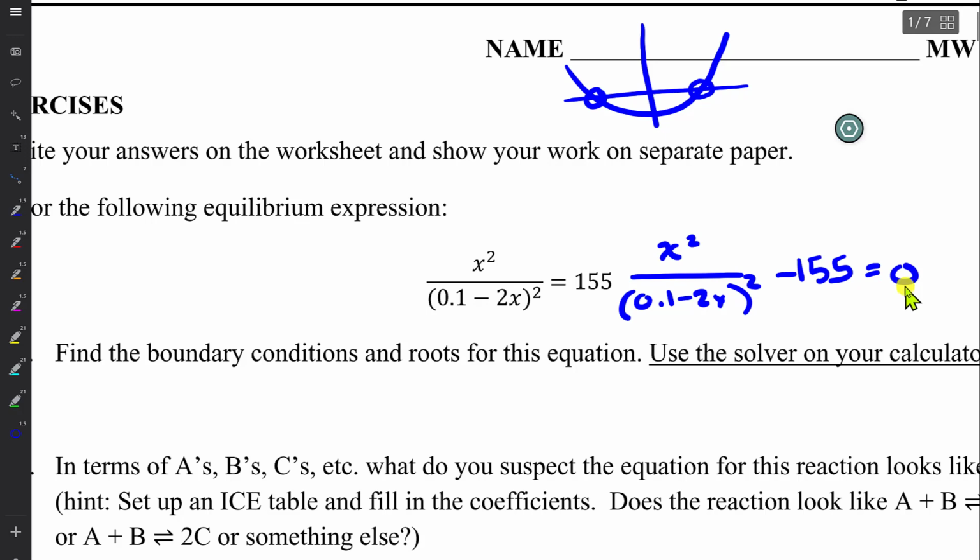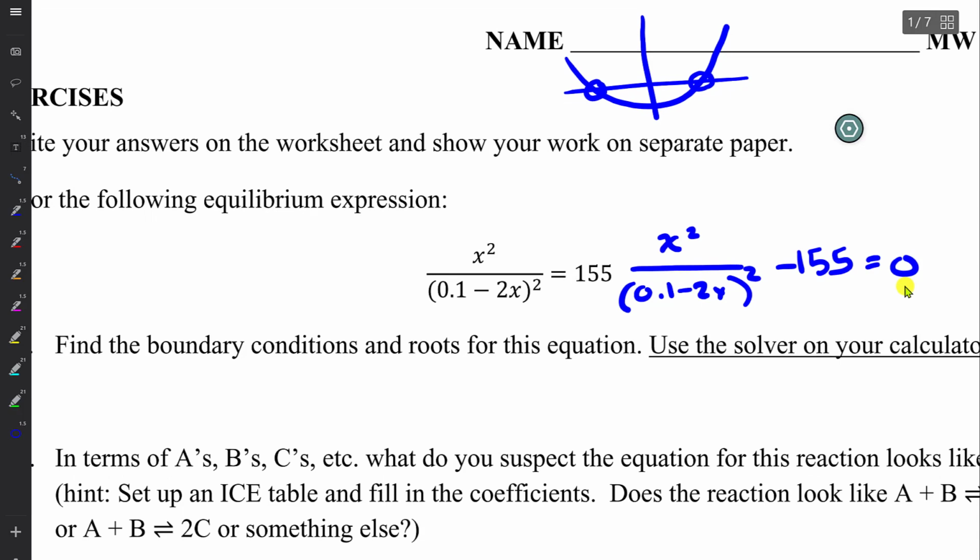Now, oftentimes in a chemical problem, we get two roots. And in chemistry, the root expresses a concentration. The roots can never be below 0, because you can't have a negative concentration.